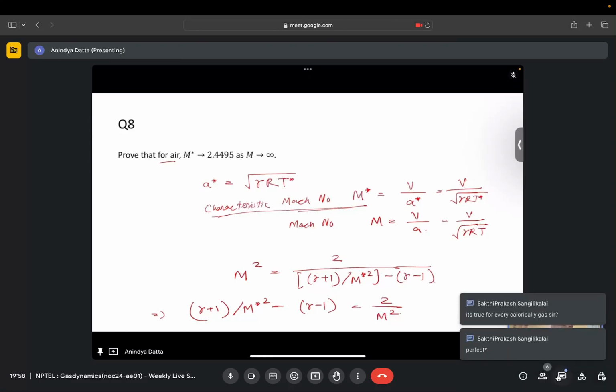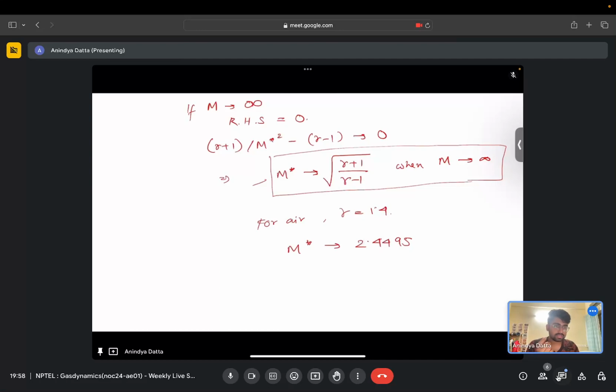Yes, this is true for calorically perfect gases only. This expression in the box is true for every calorically perfect gas, but the M star value will obviously change based on the value of gamma.